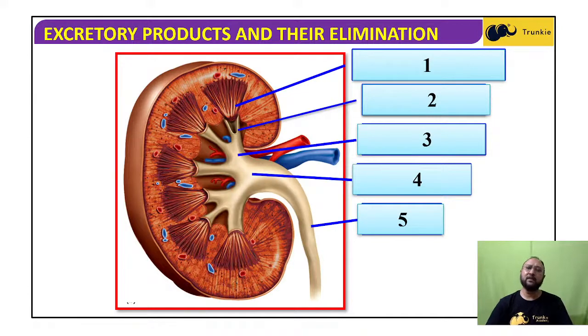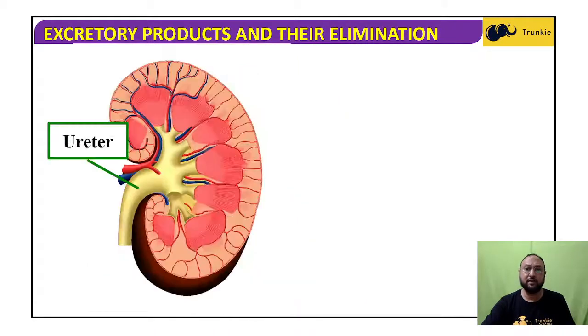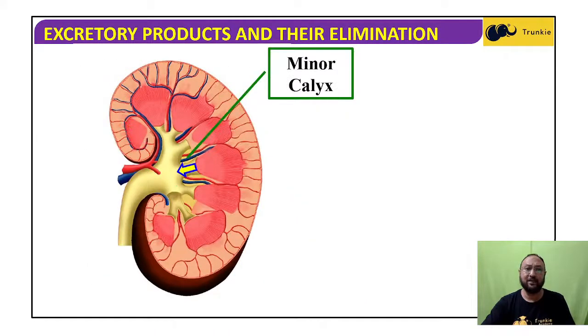Now, number one is the inner medulla. Number two you can easily understand. Number five is the urinary bladder. This is the renal pelvis. This is the renal papilla. And this is number four, the renal pelvis. Number three is the major calyx, and as we studied, there is the major calyx and the minor calyx.